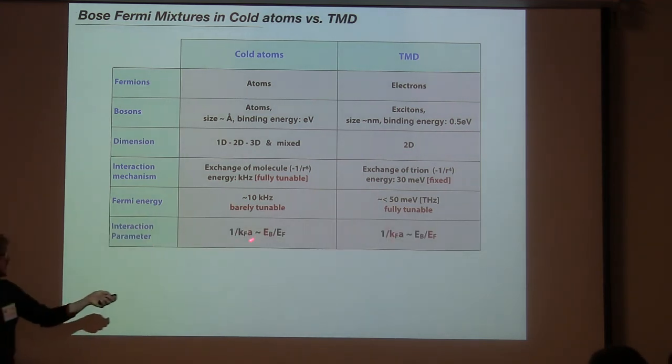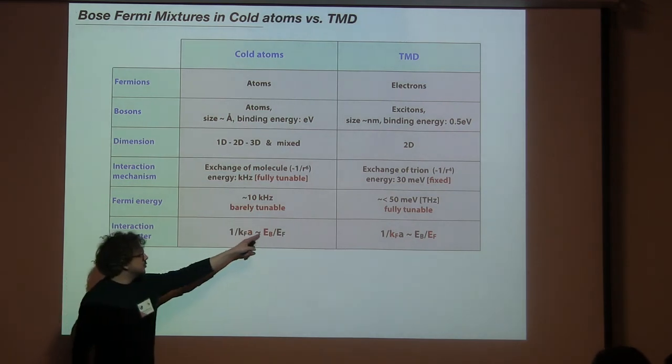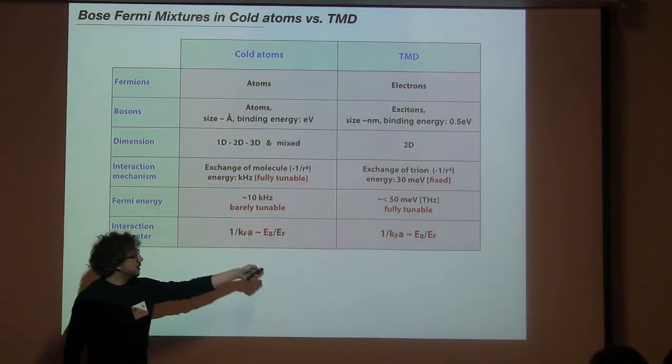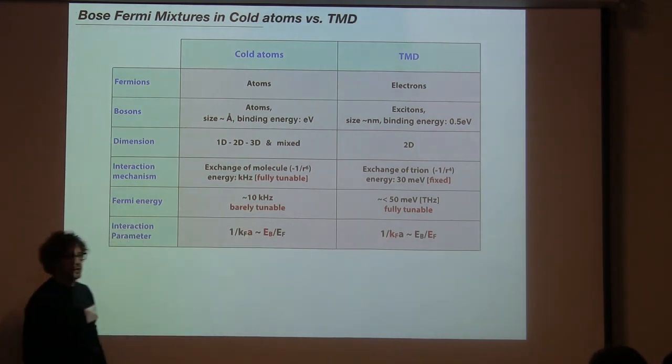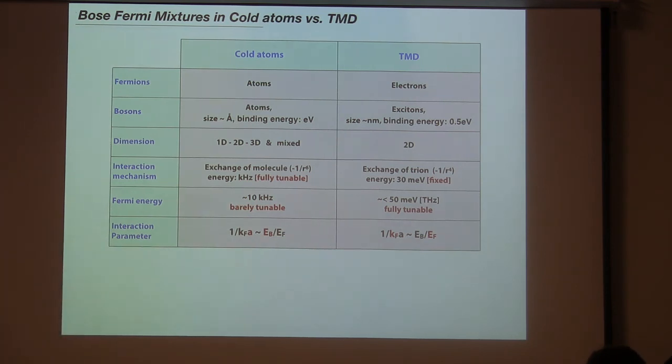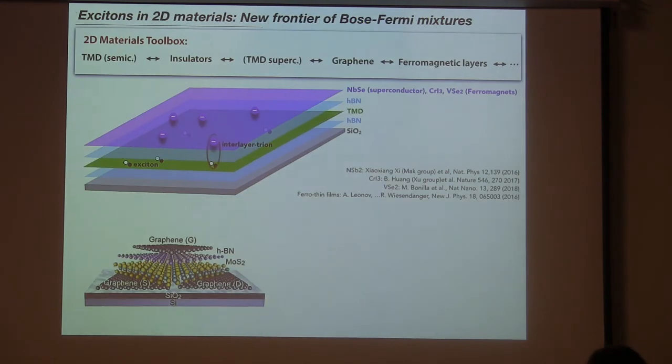And as I said, interaction parameter, in cold atoms we tune the binding energy basically, or A, in TMDs we tune KF. And this is kind of the translation table to go between Bose-Fermi mixtures in cold atoms to Bose-Fermi mixtures in semiconductors. And just this is my last slide, we can play now little games in these two-dimensional materials like we do it also in cold atoms.